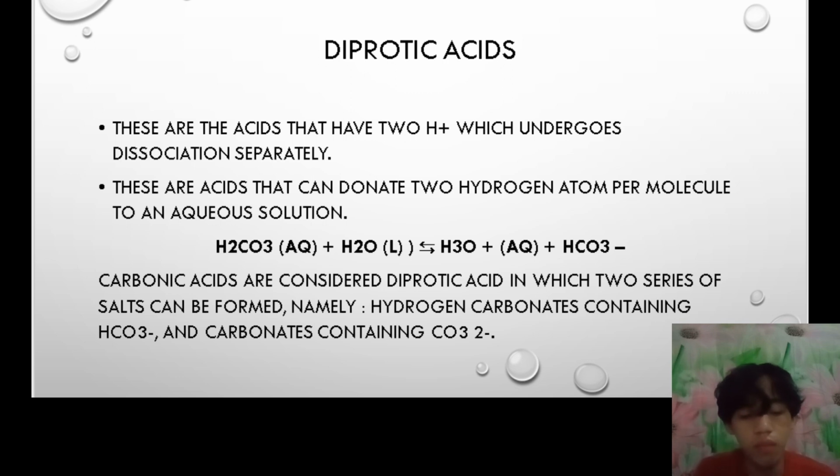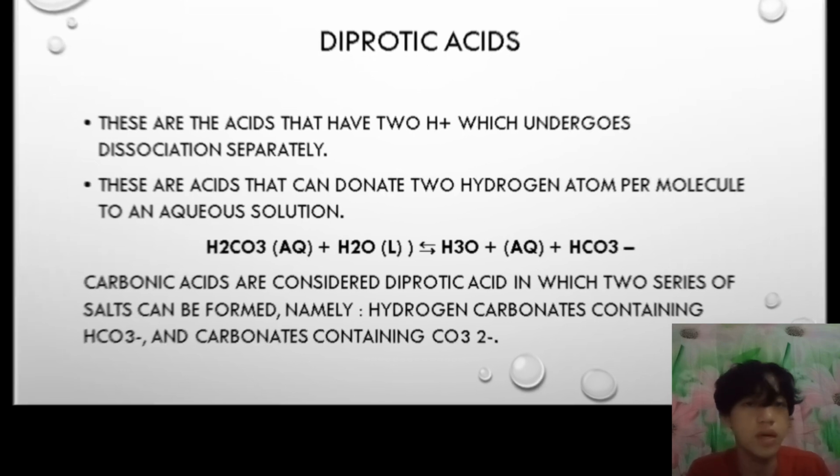The carbonic acid plus water gives hydronium plus bicarbonate ion. Meaning firstly, the carbonic acid, which is H2CO3, is an example of a diprotic acid, which means duha iyang hydrogen ion siya. So after sa ionization, after siya mag-dissolve to water.